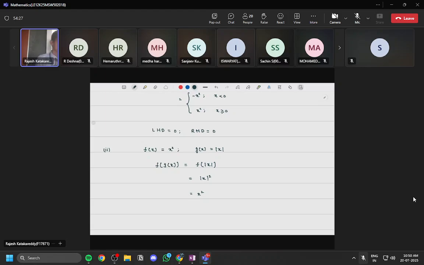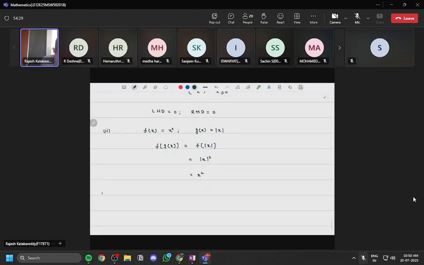Any doubt in this? Now, third counter example, let us take both of them as non-differentiable, and when we add, we should get differentiable. Mod x and minus mod x. I am trying to make sure the function is continuous but not differentiable.